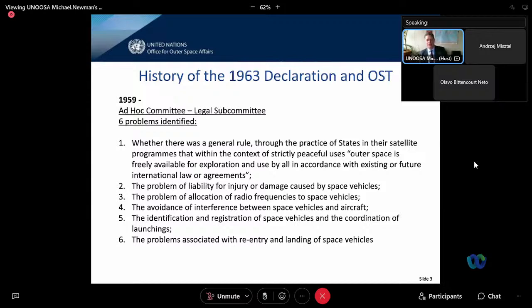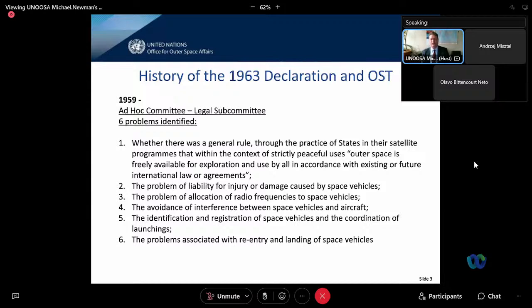One of those legal problems was the consideration of whether there was a general rule, through the practice of states in their satellite programs, that within the context of strictly peaceful uses, outer space is freely available for exploration and use by all, in accordance with existing or future international law or agreements. And so this is the genesis of this basic principles idea.